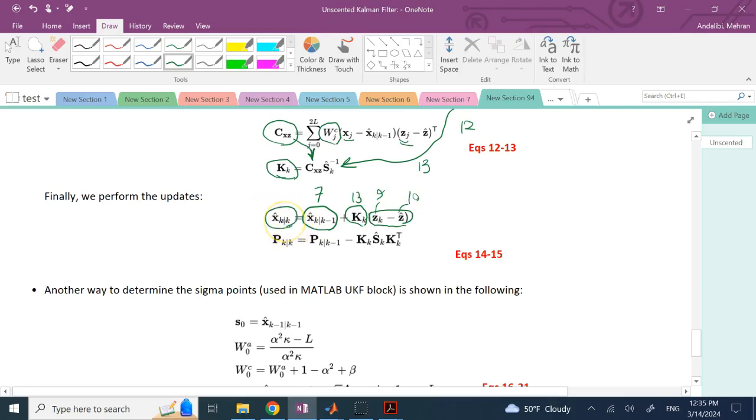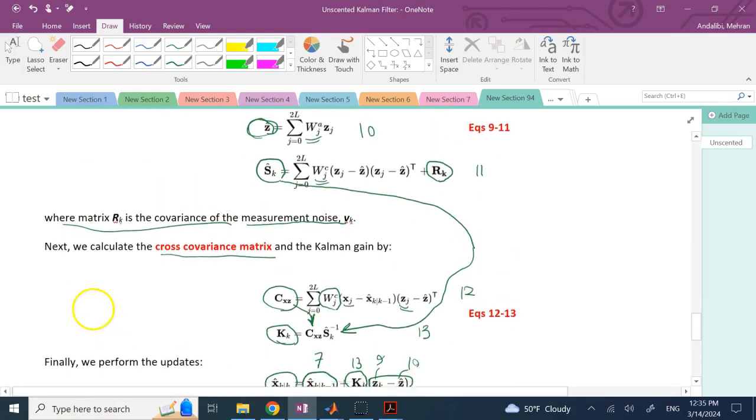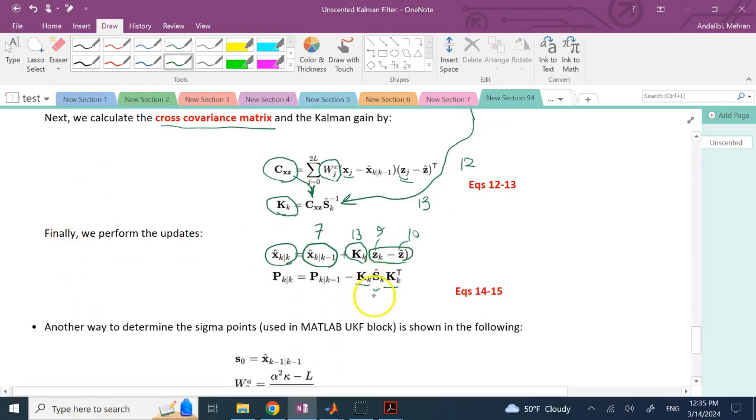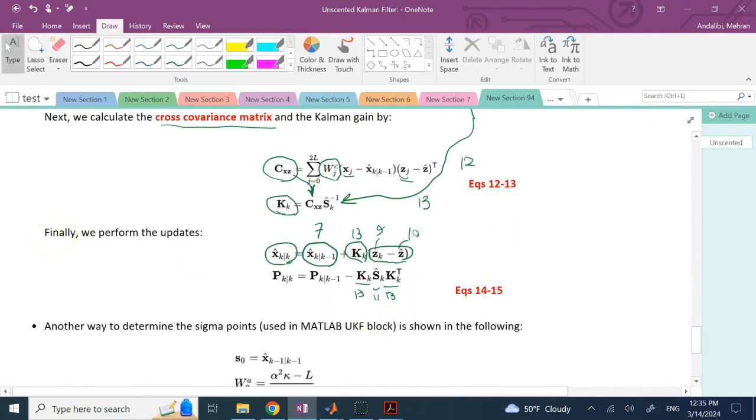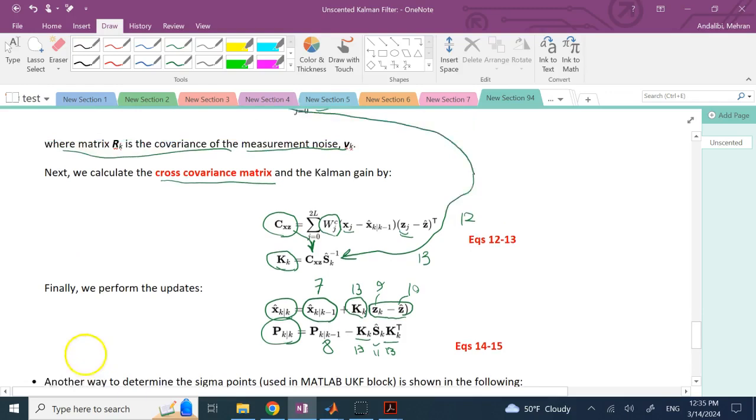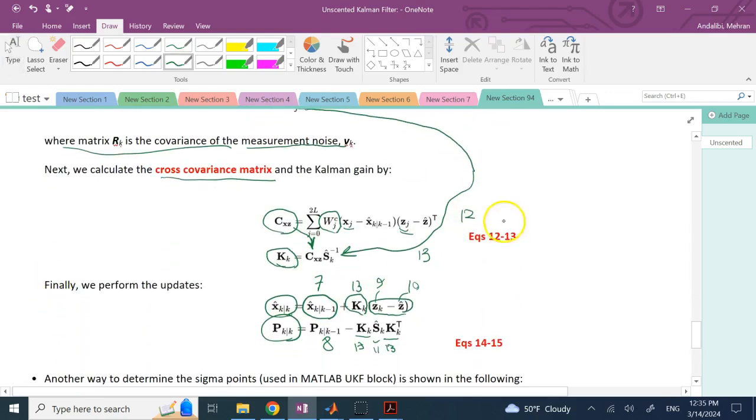That gives me the updated or the corrected average, and then I use the same K from my equation 13, the S from equation 11, right? And the P that I got from the prediction step, which is equation 8, and that gives me the new updated what? Covariance.